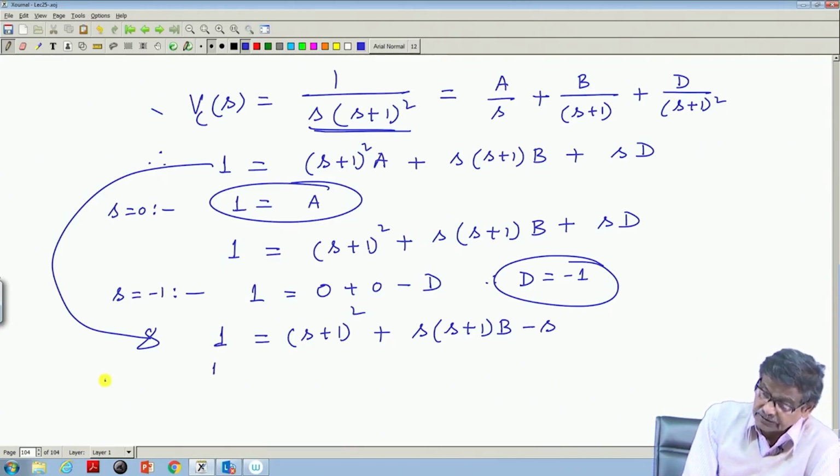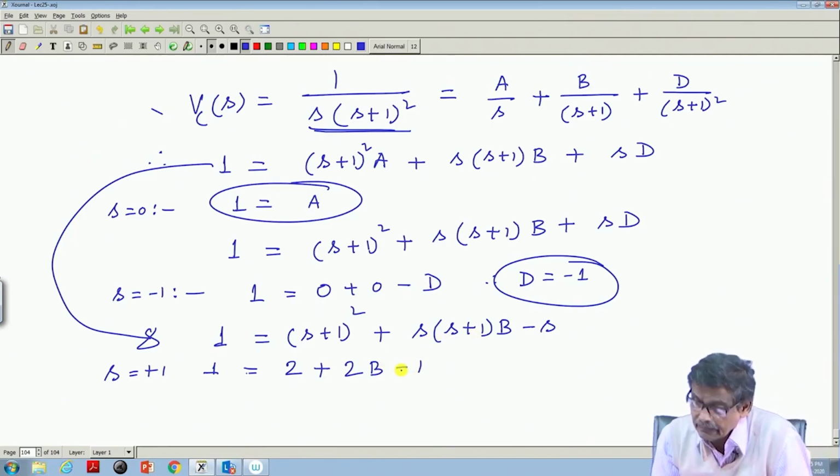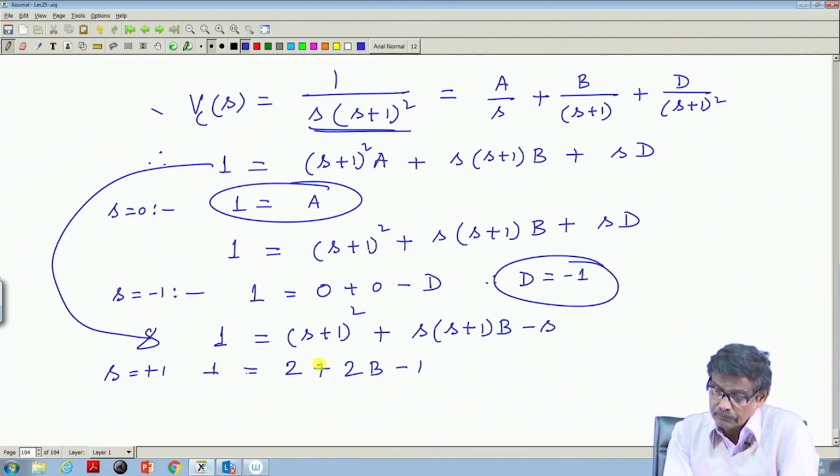So, 1 equal to s plus 1 squared, 2 square, plus s equal to 1, 1 into 2 into b, and s equal to plus 1, so minus 1.